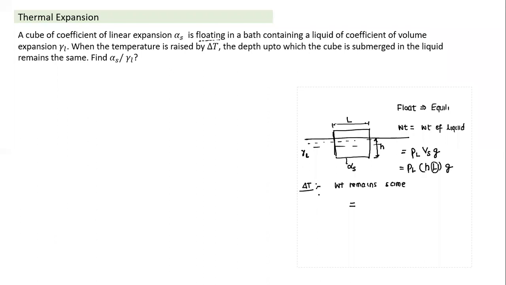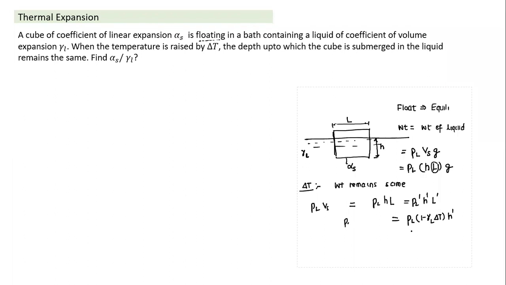So let's write the new equation. Rho L into Vs, which is rho L into H into L square, will be equal to rho L dash into H dash into L dash square. And what is rho L dash here? It is the density of the liquid with increase in temperature: rho L divided by 1 plus gamma of the liquid delta theta, into H dash.